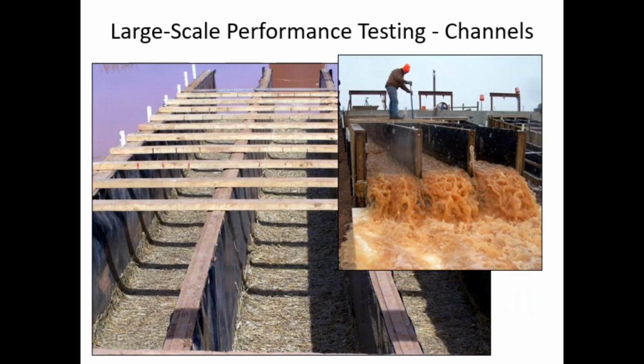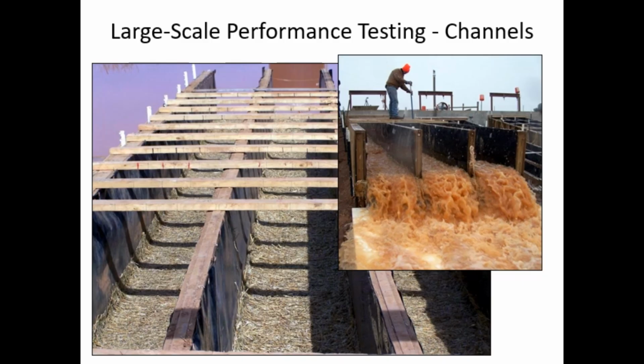Here's a typical view of 10% channels being used to test a typical RECP in the unvegetated condition. The RECP is anchored according to the manufacturer's recommendations, commonly using U-shaped pins in a diamond pattern.